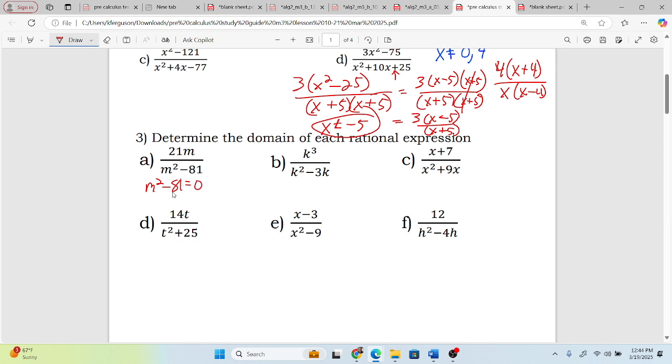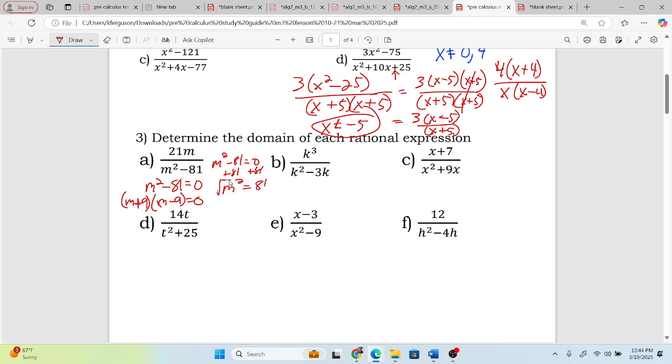I could factor that and get m plus 9 times m minus 9 equals 0, or I could add 81 to both sides. So m squared minus 81 equals 0, and I add 81 to both sides. Then I would get m squared equals 81.